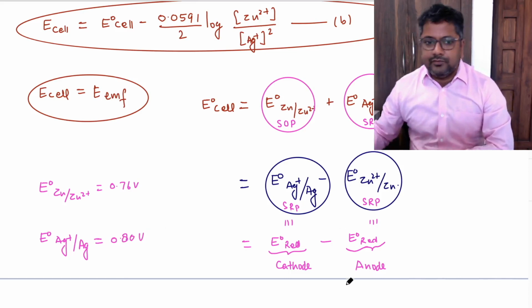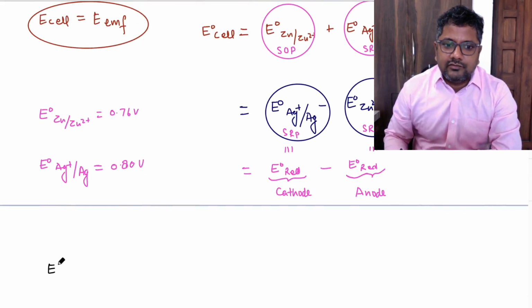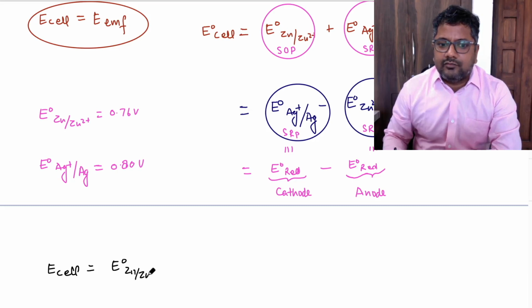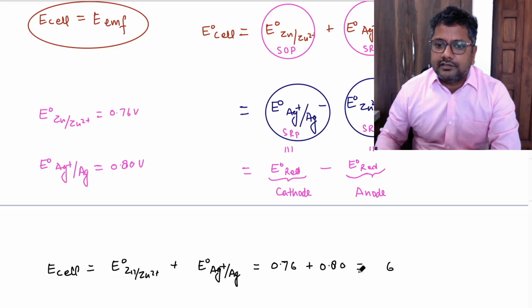So if you want to calculate E naught cell, it is equal to E naught of Zn oblique Zn2 plus plus E naught of Ag plus oblique Ag, which is 0.76 plus 0.80, equal to 1.56 volt.